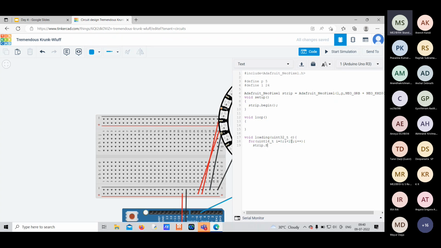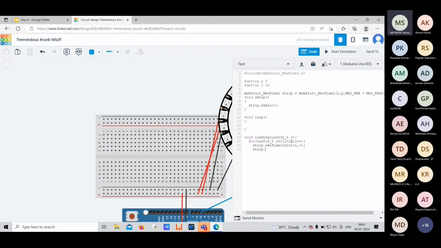Let's move on to the functions that were discussed in the slides. Set pixel color. I set the first one to be 0. As it moves, the pixel before it needs to be 0.